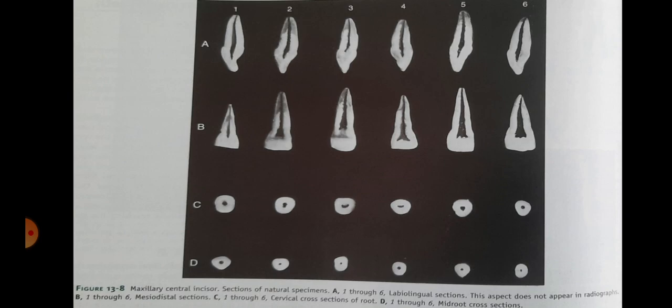In 3 it is crescent shaped, in 4 it is somewhat crescent shaped, whereas in 6 it is round shaped due to the secondary or reactive dentin formation.